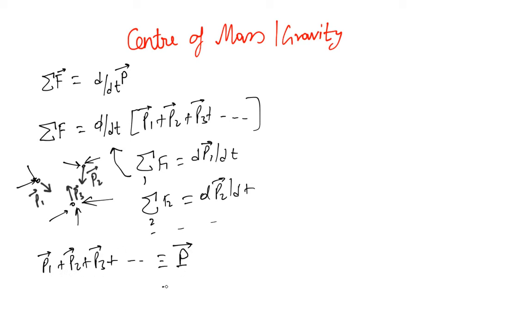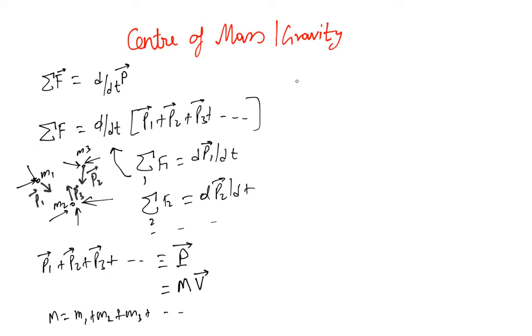And in principle we can write this as MV, whereby M is the total mass of the system, which means the sum of all the masses, M1 plus M2 plus M3 and so on. And V is some velocity, we do not know which velocity yet, but P can be written like this.